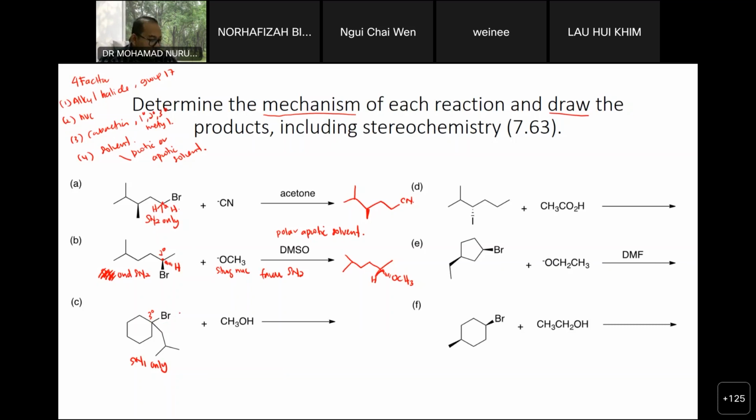For this one, the product will actually be a mixture, because they have the empty orbital in the form of a carbocation. So there will be a mixture. You can draw both structures, or you can draw like this.